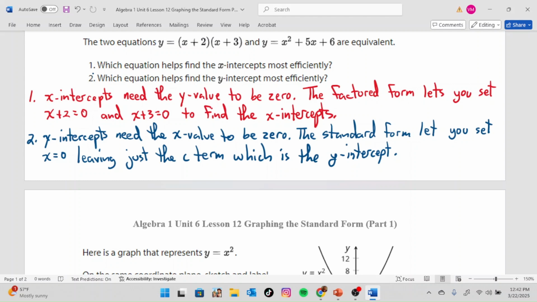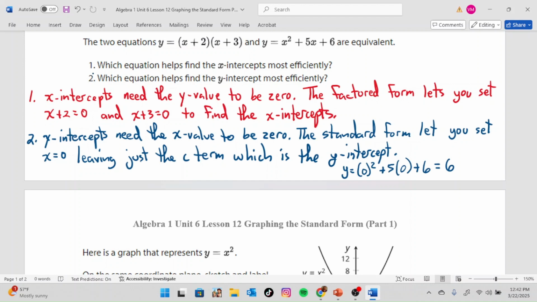So we would say y equals 0 squared plus 5 times 0 plus 6, which just equals 6.